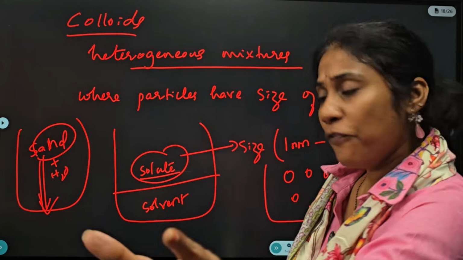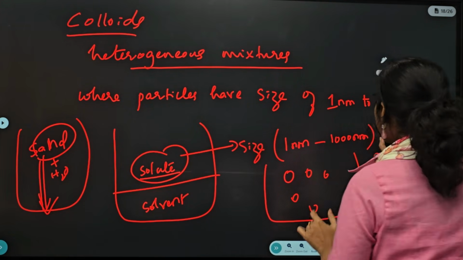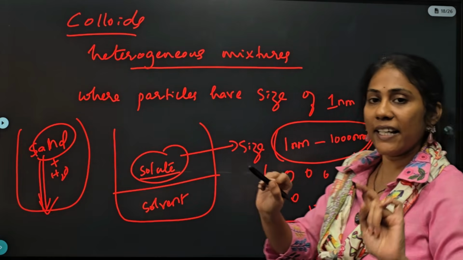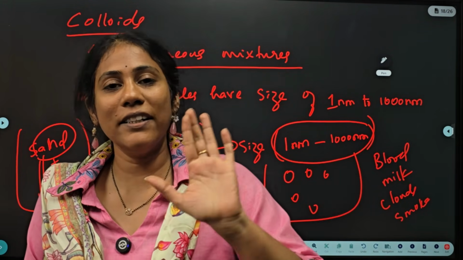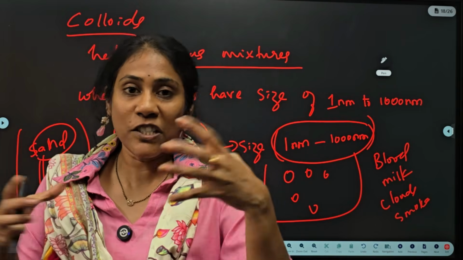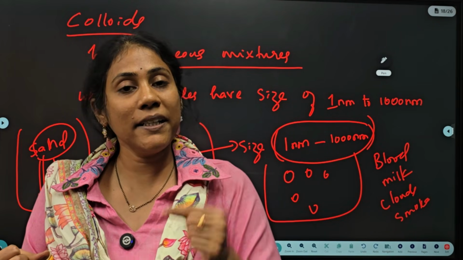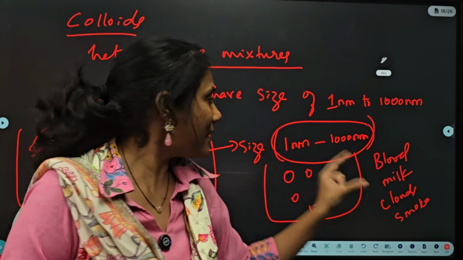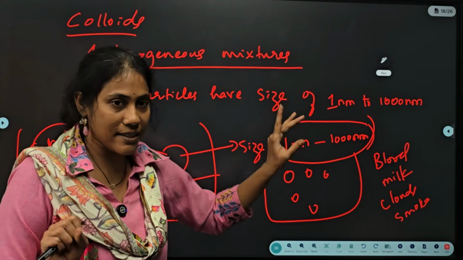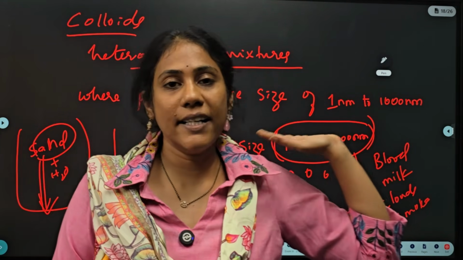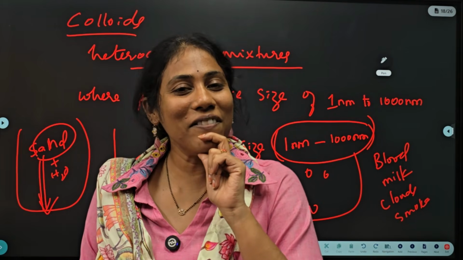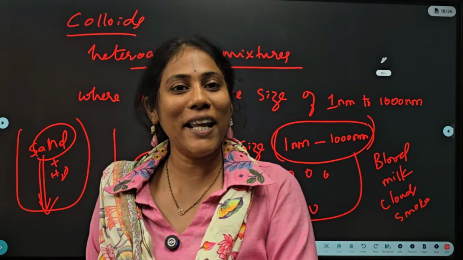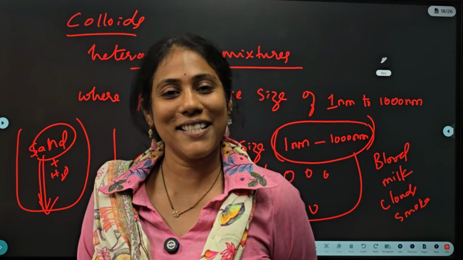But if the size of one of the components falls under this range, then it is called a colloid only. Doesn't matter whether it is a gas, solid or liquid. It's a mixture of so many components, but if the size of one of the components falls under this range, then it is called a colloid. Okay, hope you understood the concept, right? If you have understood the concepts of colloids, type colloids in the chat section.